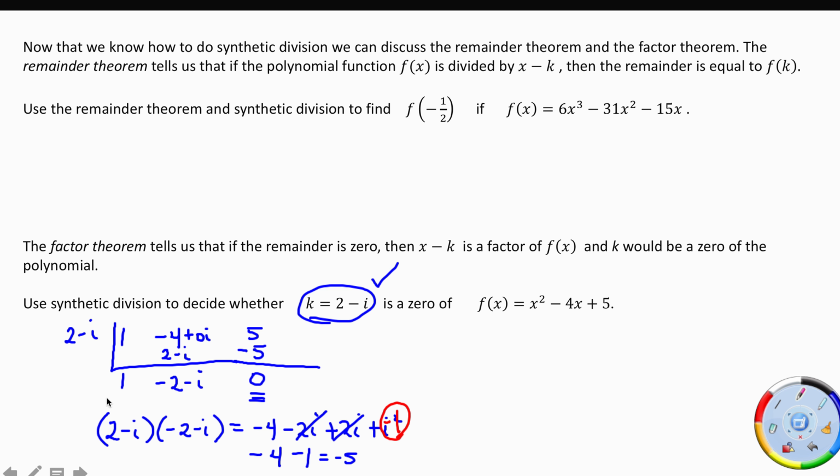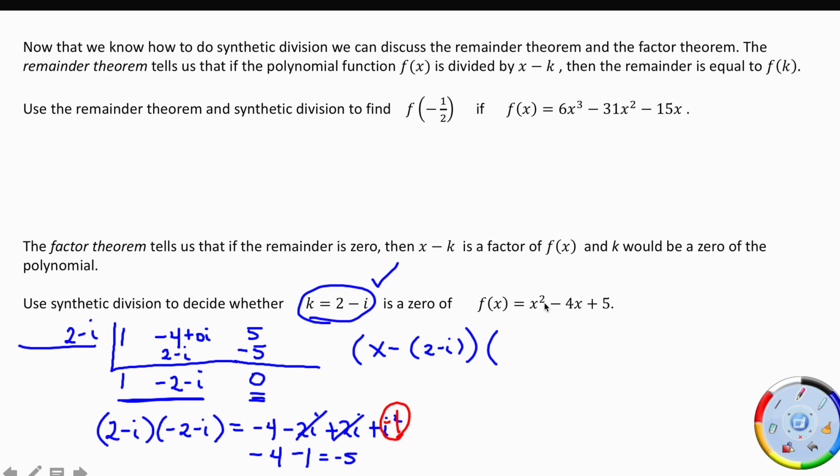Not only that, that means I have found two factors. The first one being x minus k, right? x minus k, that's one factor. And the other one being this down here.